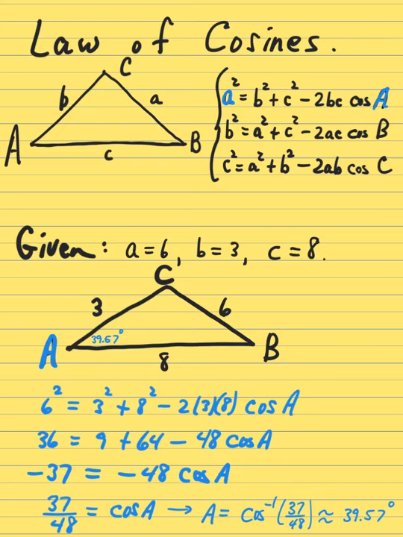Once you know an angle, then we can go back to law of sines. I'm going to go ahead and on the next slide just find the angle B through law of cosines again, just so that we have extra practice with these equations.